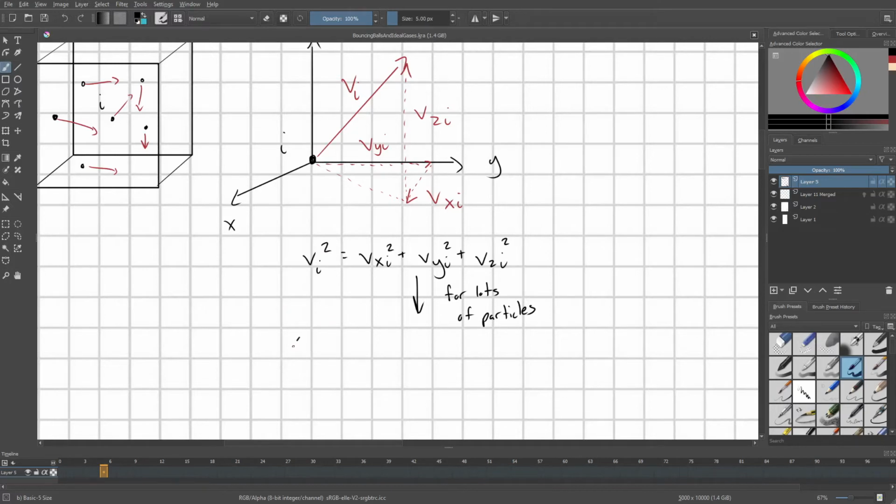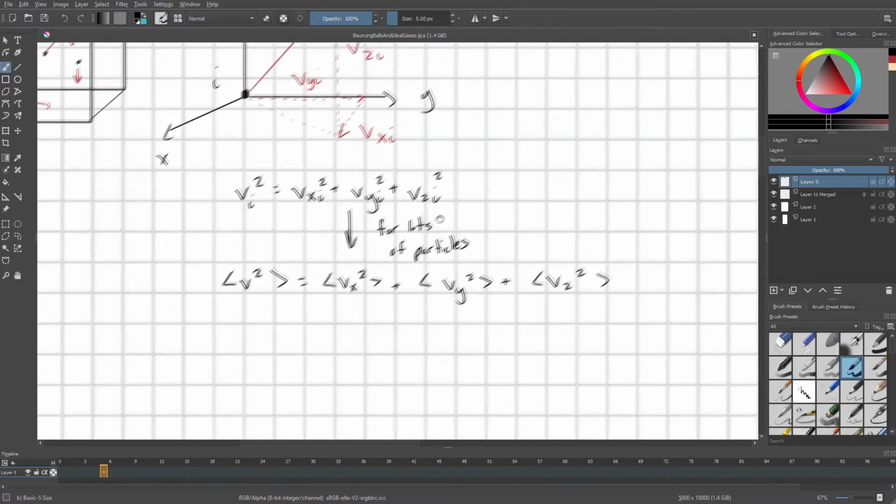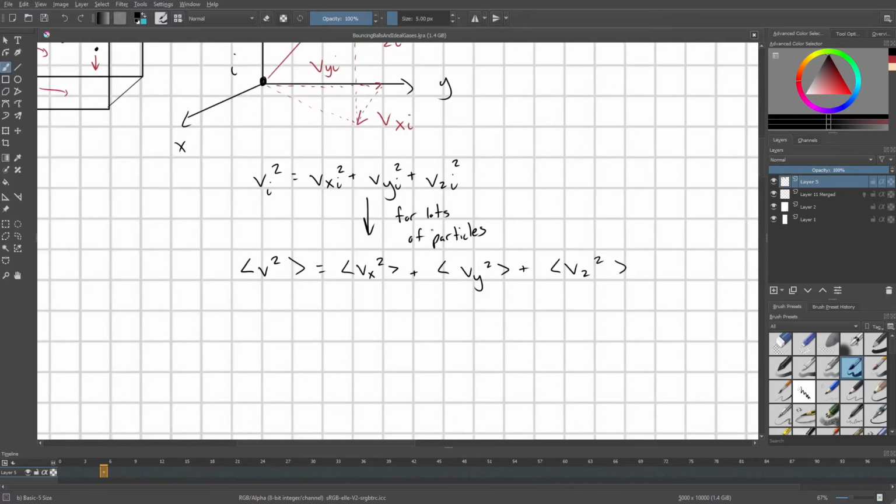So the mean square of my velocities would be equal to the mean square of my x velocities plus the mean square of my y velocities plus the mean square of my z velocities.